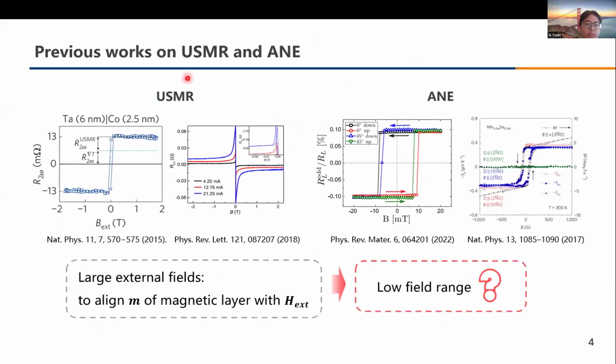Although the USMR and the ANE have been observed in various systems, most previous studies have relied on applying a large external magnetic field. However, the behavior of these effects in the low field range has remained unexplored. So in our study, we focus on their ability to probe the magnetization switching in the low field range.